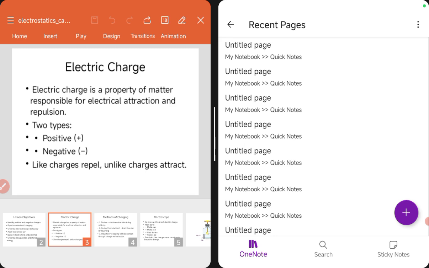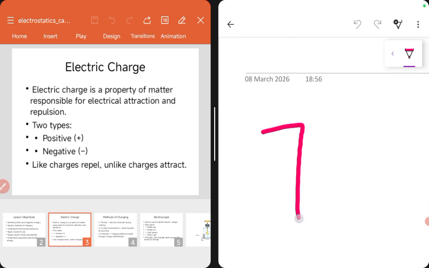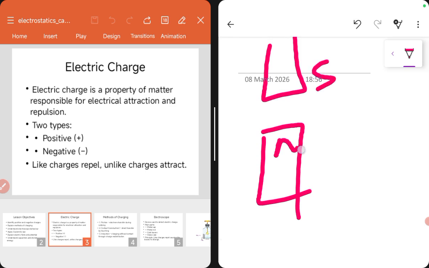Now, of course, we know what an electric charge is. An electric charge is a property of a body that is responsible for electrical attraction and repulsion. Now we know that unlike charges attract each other. It's the same thing with a magnet, unlike poles attract. So if I have a north pole and here is a south pole, there will be an attraction between them.